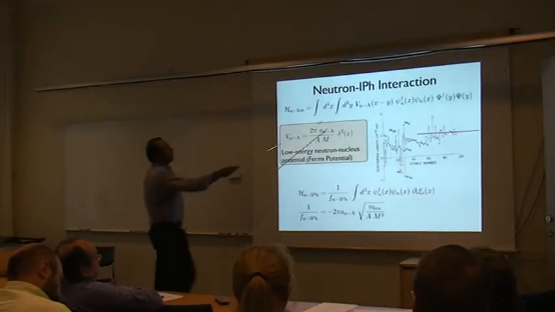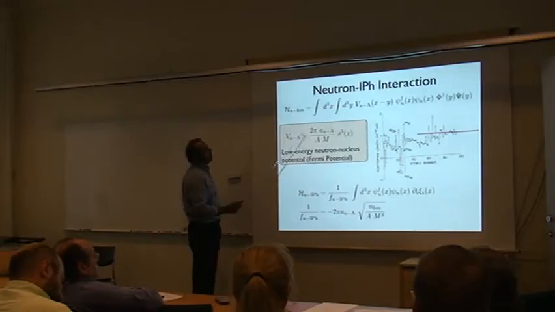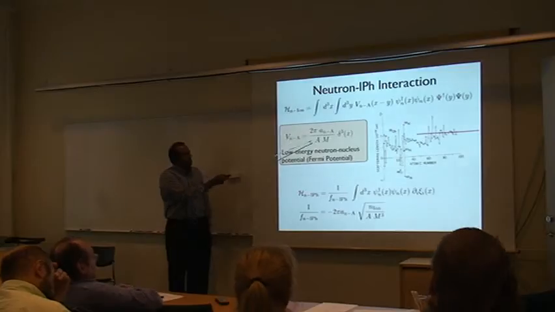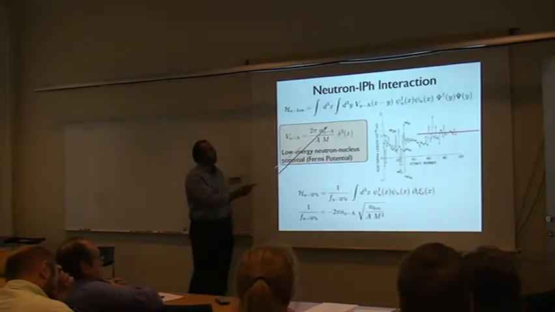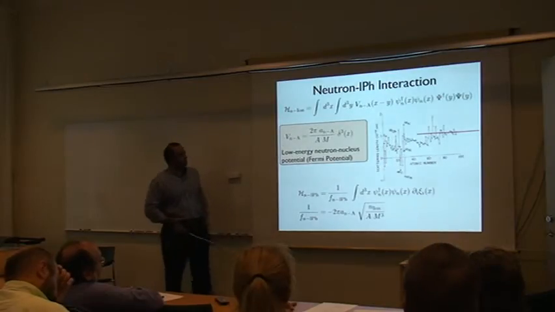And again here, we're going to have a short-range interaction between the neutron and the ion. Very little is known about the interaction between neutrons and ions, especially very neutron-rich ions. So as a first guess, let's just use a scattering length between neutrons and ions to characterize this potential.